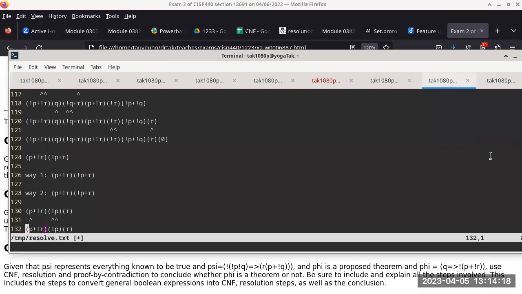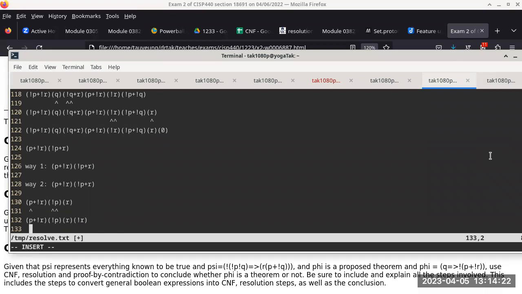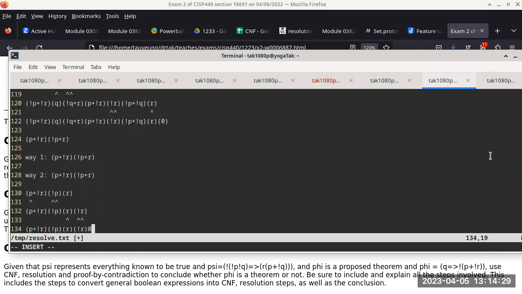And then we end up with a not R. Then I can use the R to resolve with the not R. And now we have the false that we want. Does everybody understand what I'm trying to illustrate here?